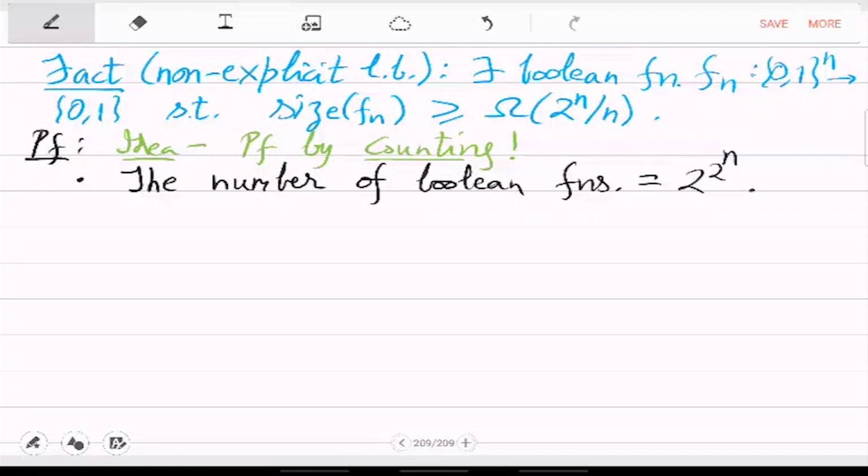Right? There are 2 raised to n input strings, and you can fix their values in 2 ways. So, it is 2 raised to 2 raised to n. Now, let S be the size parameter.